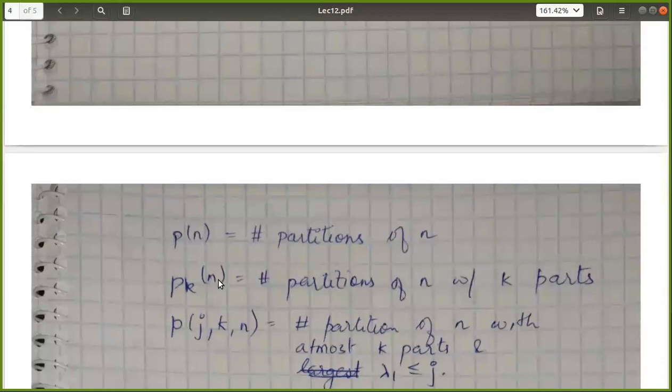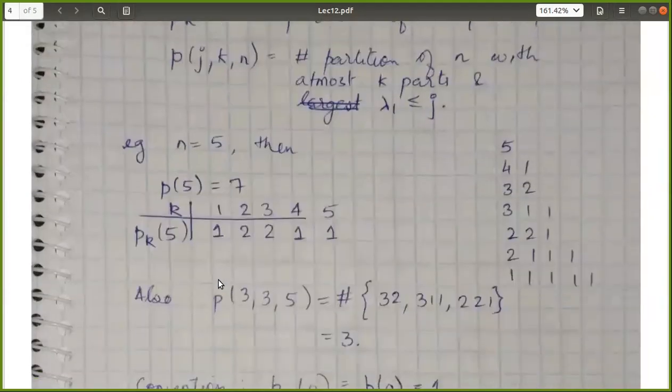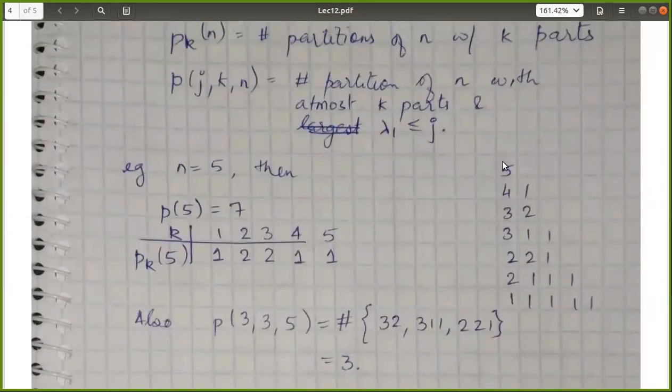Also, when can this happen that the number n has a partition with exactly n minus 1 parts? What will be lambda 1 corresponding to such a partition? Take n as 5.